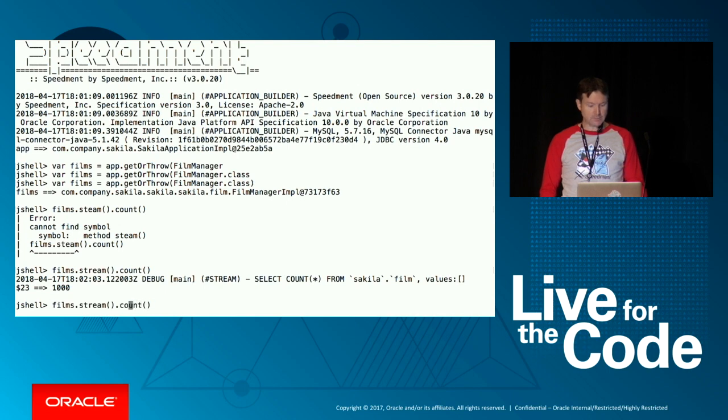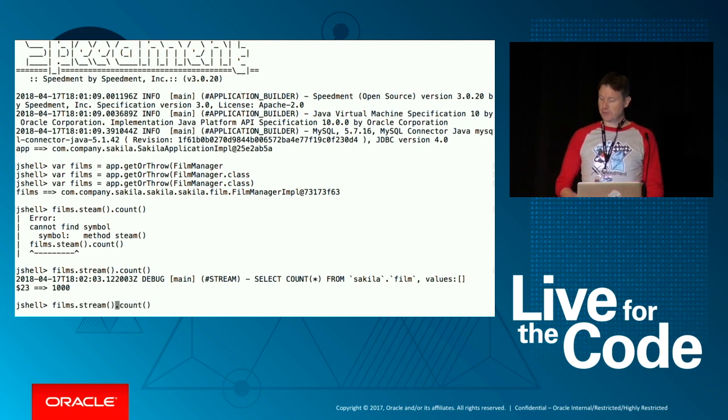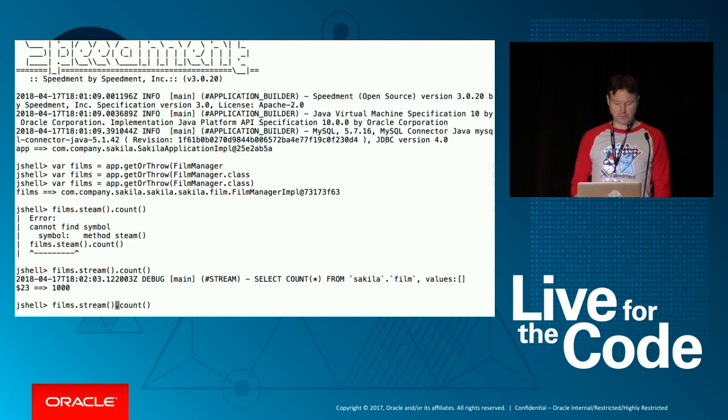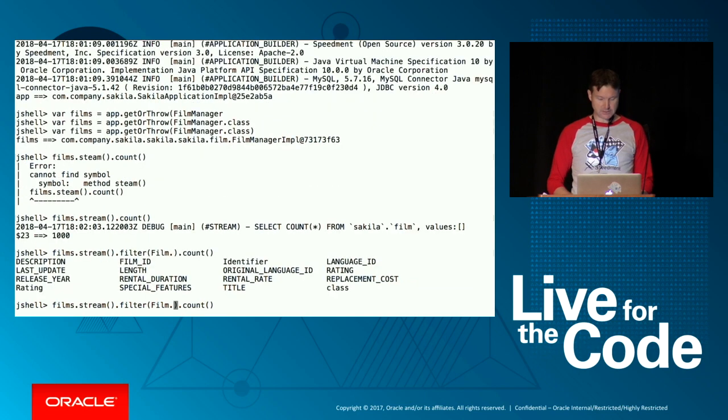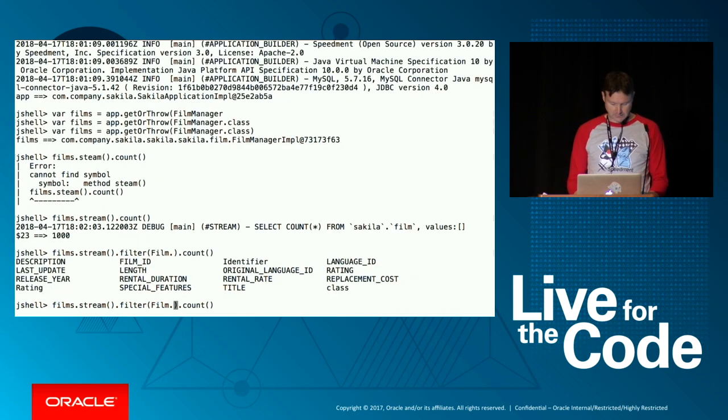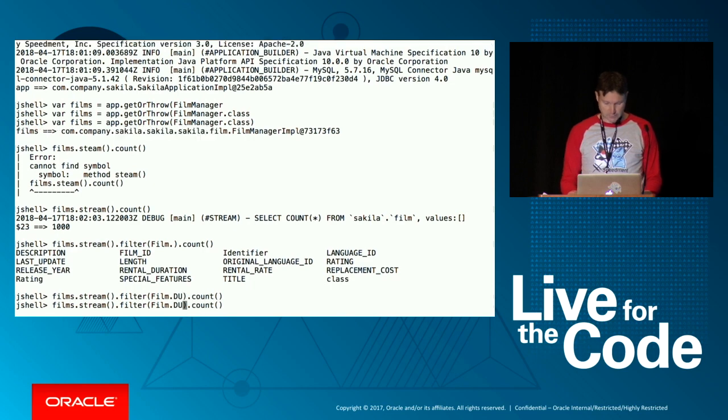So we might want to count maybe films that are short, for example. And what is short? Let's try and see what that can be. I want to filter out just a couple of films, and then I can type films, film, dot, and then I can use completion here to see what columns I have. So maybe duration looks good, or not really.